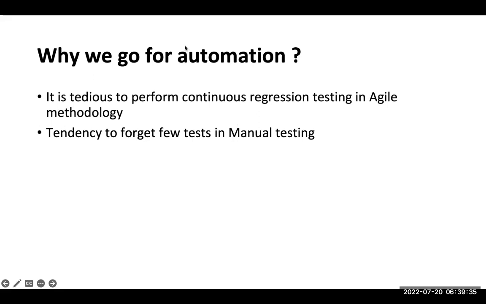Okay. So in this agile methodology, whenever there is an upgrade version, we need to test the entire system completely. So the already existing system we need to test, and when we add new features to it, that part also we need to test. So every time whenever there is a change, we continuously do the testing.